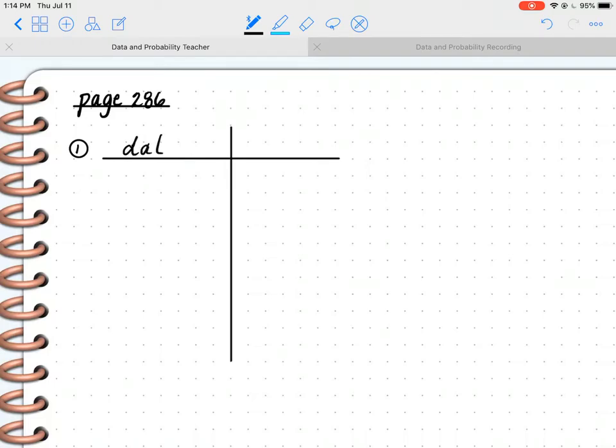These are the data points, and this is the frequency, or how often the data is occurring. It looks like the minimum number in this set is 10 and the maximum is 16. So I'm going to go ahead and number up to 16.